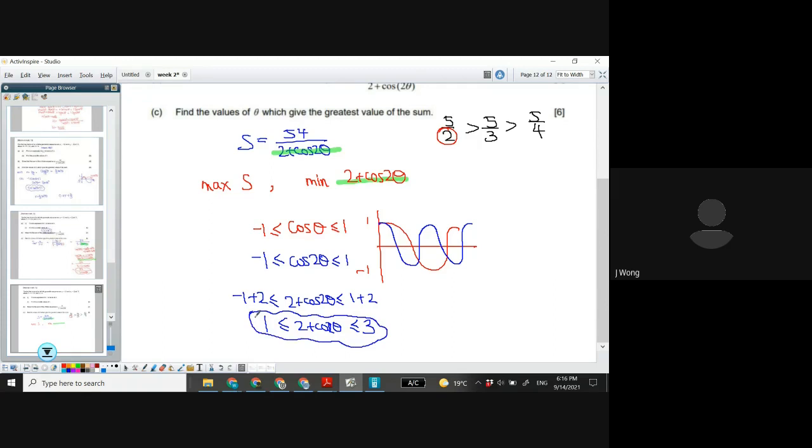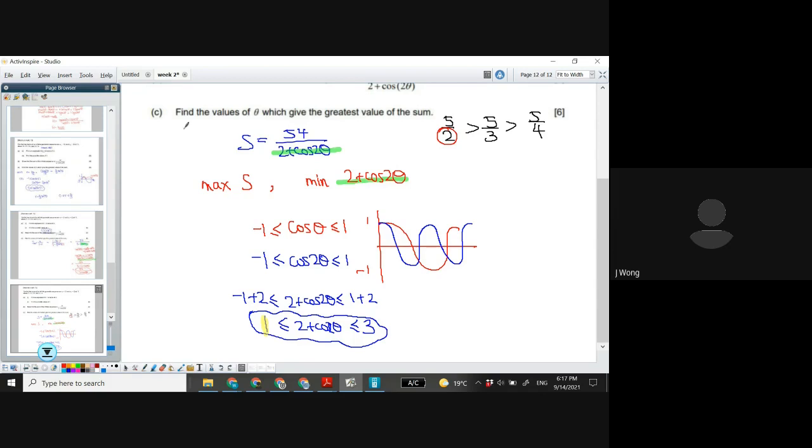So if I would like to maximize my sum, again, I want to pick the smallest possible value for this expression. In this case, it will be this, because this is the range this function takes, and this is the lower bound. So this is the smallest possible.